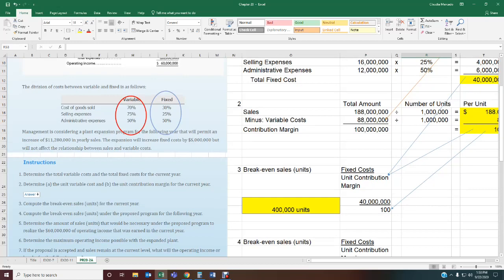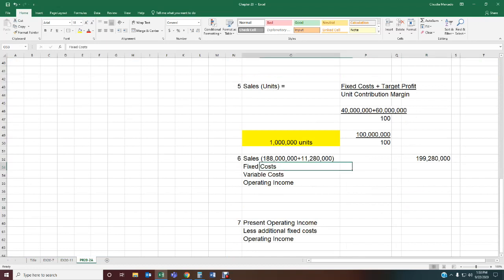So I've got 40 million plus the 5 million extra due to the expansion. That will give me $45 million.